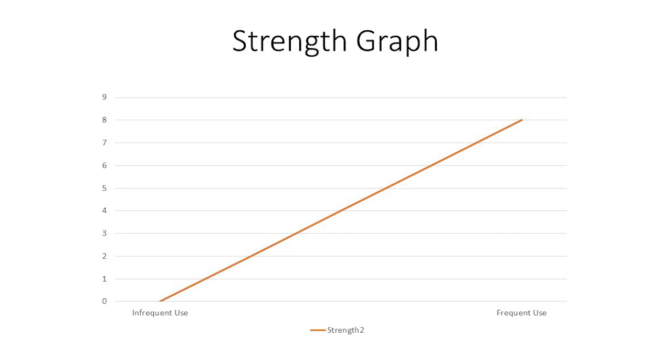In this graph, along the horizontal x-axis, you see strength as measured by frequency of use. Obviously, the strongest memories are the ones you use the most frequently. So, the strongest memories are represented by the highest point of the orange line on the right, indicating frequent use.